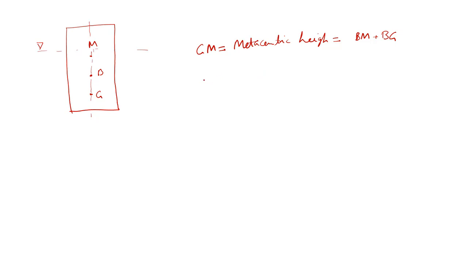What is BM? BM is the metacentric radius, and it is defined as I upon V. What is V? V is the displaced fluid volume, and for considering the stability, we'll take the minimum I.